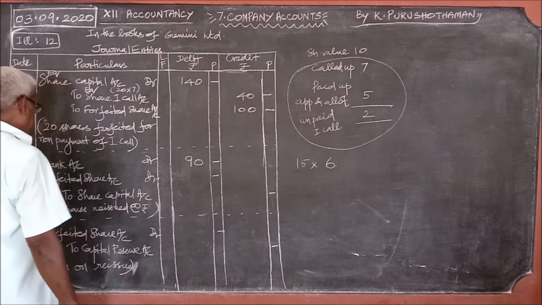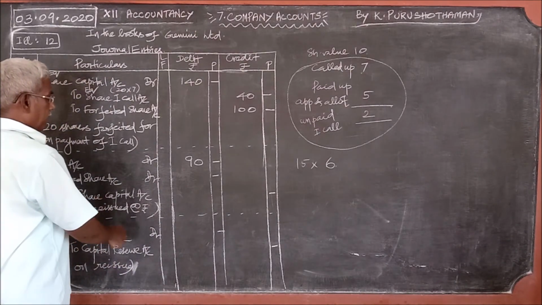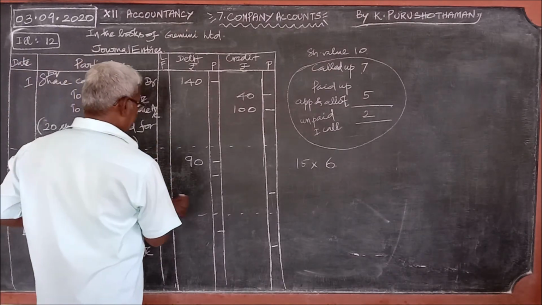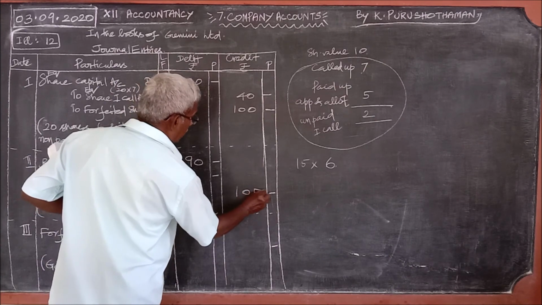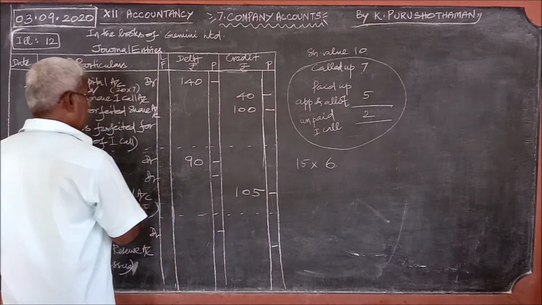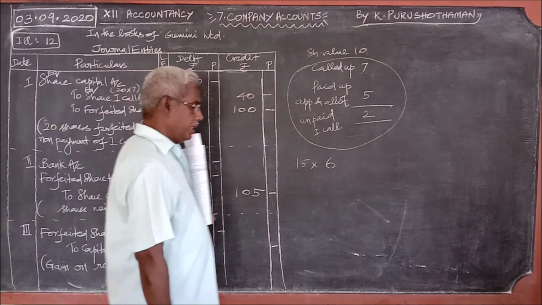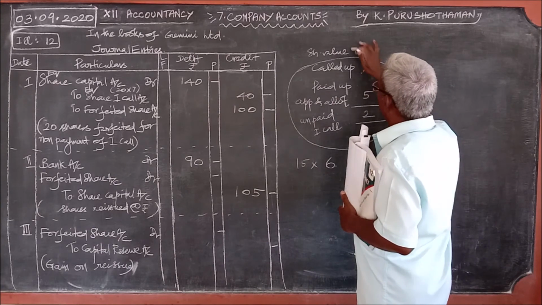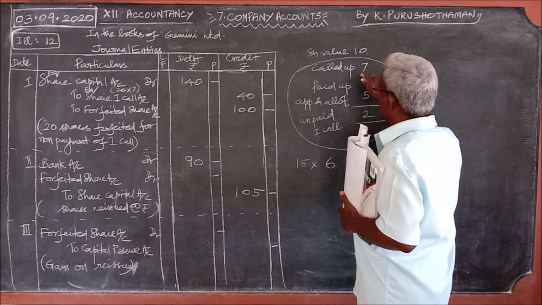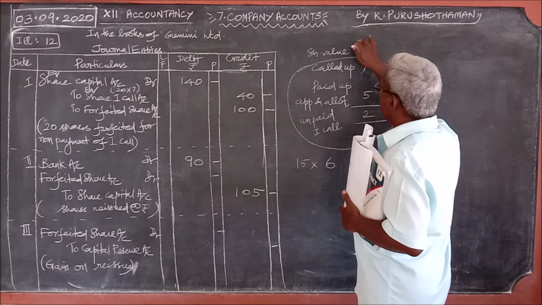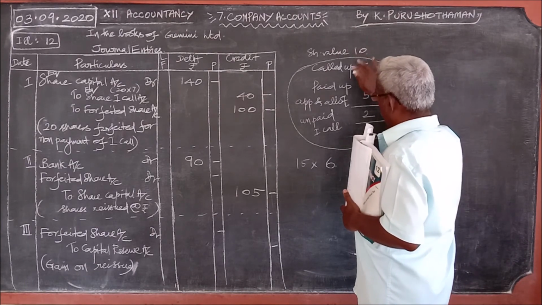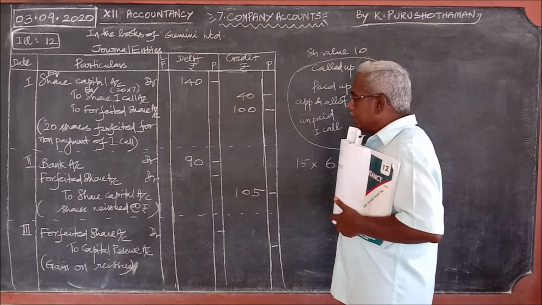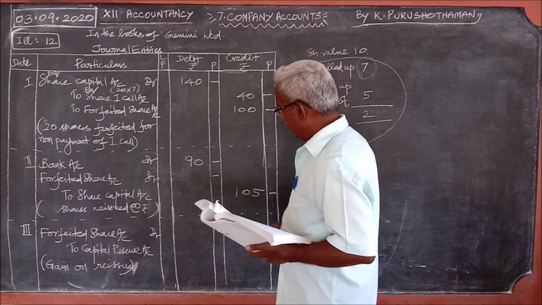For the same 15 shares, the share capital account will be 7 into 15, 105. I just now said that to fill up the share capital account, we should consider only the called up amount when share value and called up are both given. If only one is given, you can consider that. If both are given, you should consider only called up. So 7 into 15, 105 rupees.